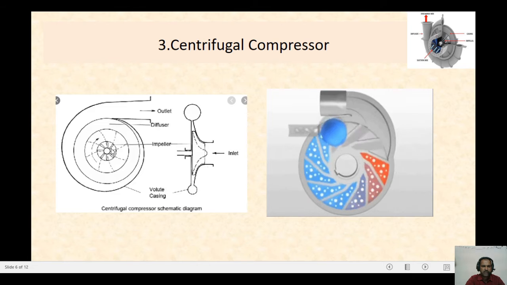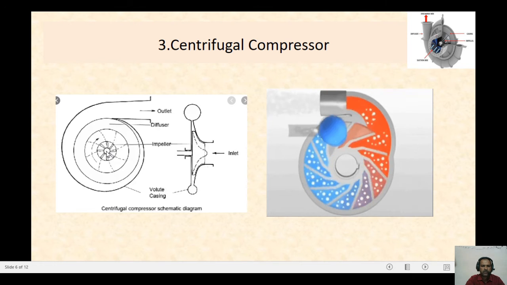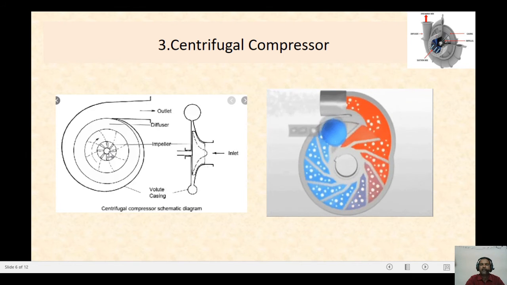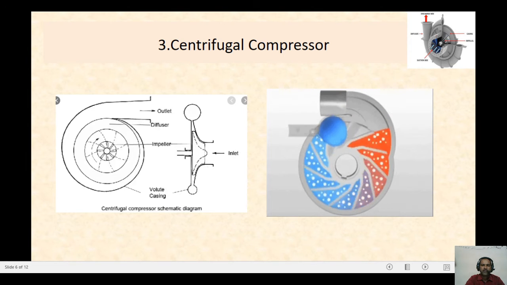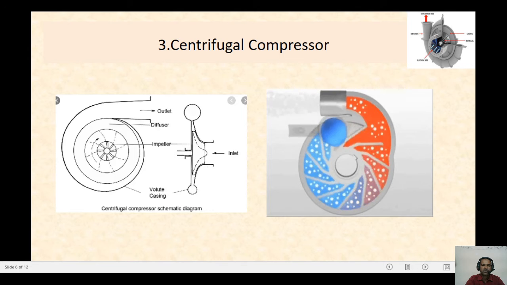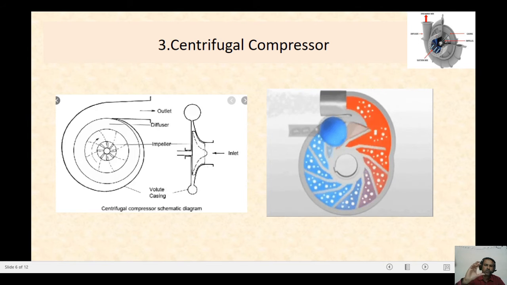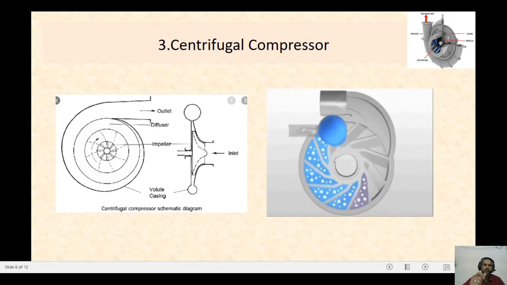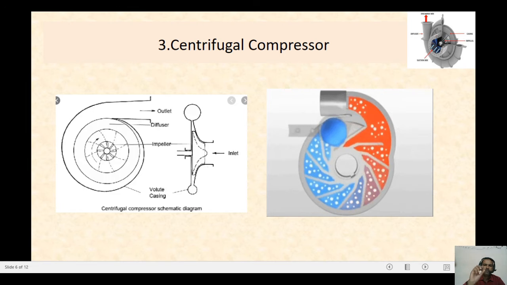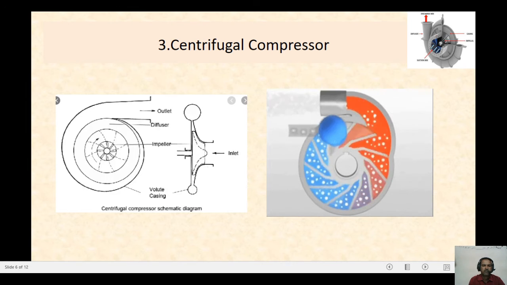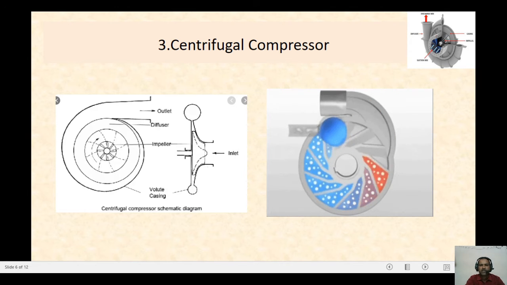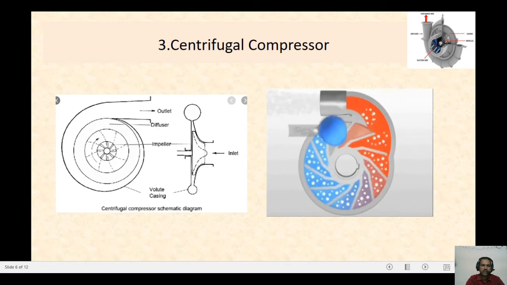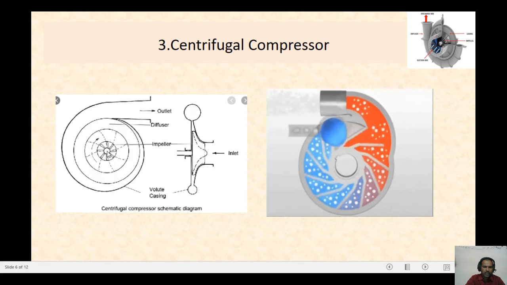As we discussed, at the center of the impeller we have connected the impeller eye. This impeller eye is connected to the driven shaft or the external source of the engine, right? So when the motor rotates, this impeller eye will rotate. On this impeller eye, the impeller blades are provided, so along with that, the impeller blades also rotate, right?